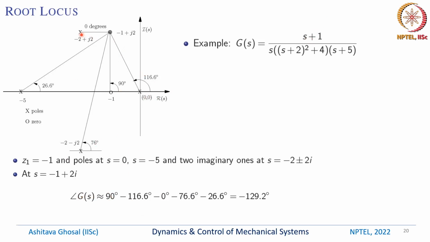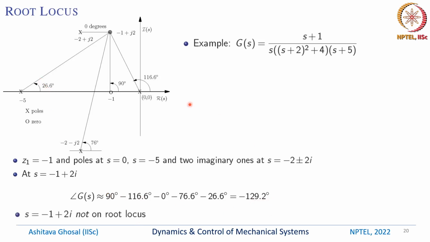The pole at minus 2 plus 2j gives almost 0 because it is on the same horizontal line. Then this is minus 76, and for this pole it is minus 26.6, since they are in the denominator. If you sum up all these angles, we get minus 129.2.